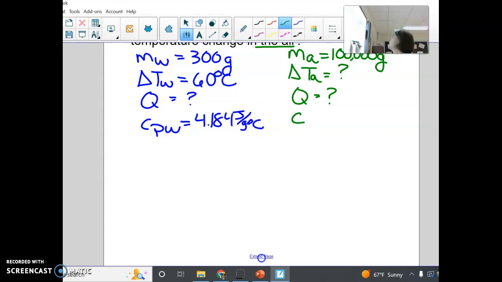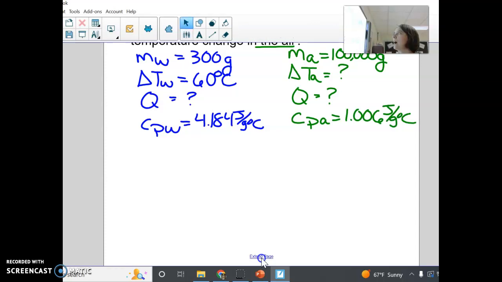And our Cp of air equals 1.006 joules per gram degrees Celsius. Okay, so now we have what we need. We know that we have more numbers in the water, blue category, than we do in the air, so that would be a good place to start.